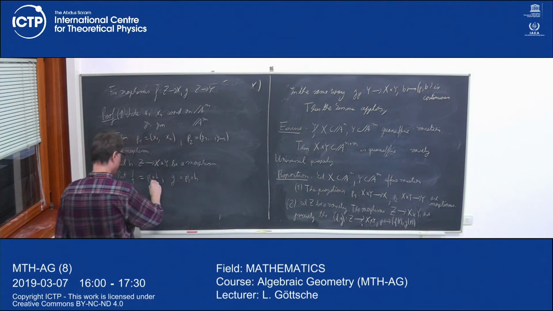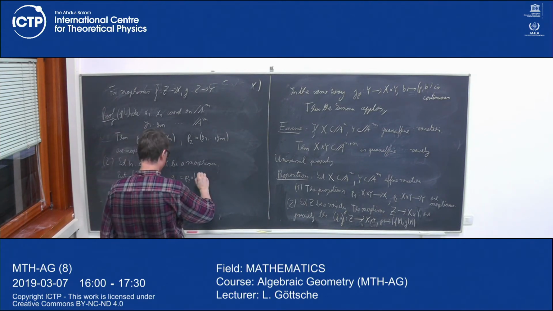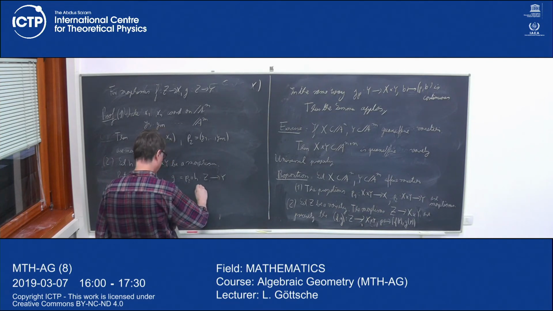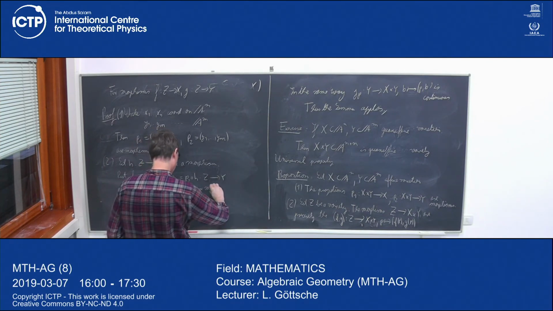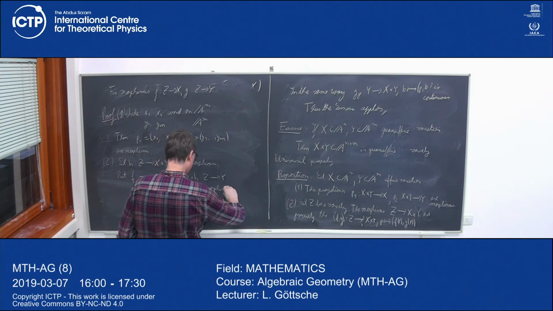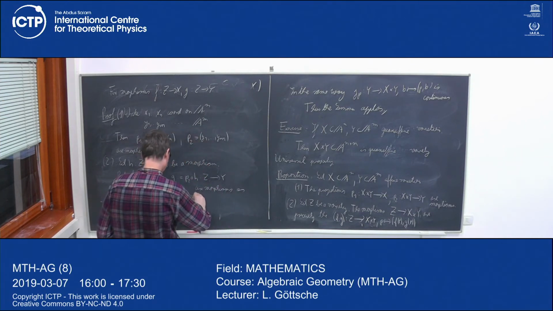So this was from Z to X, and this was from Z to Y, and these are morphisms.